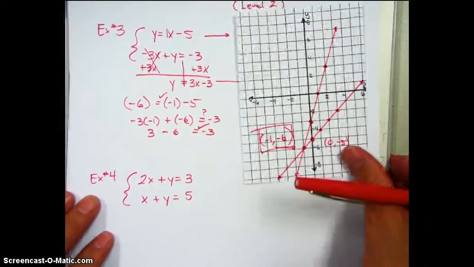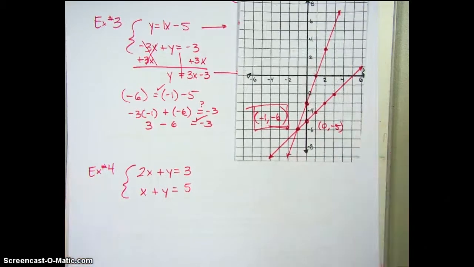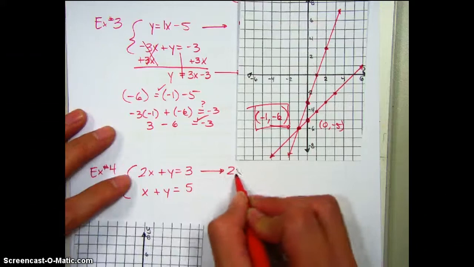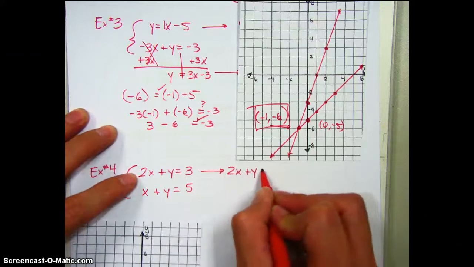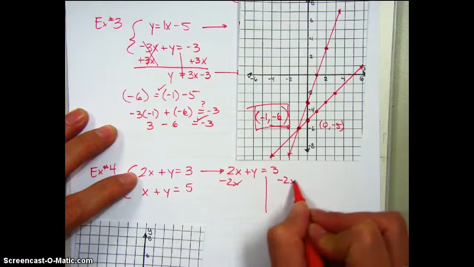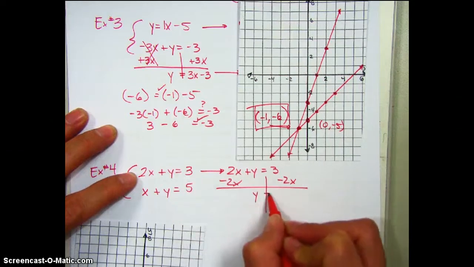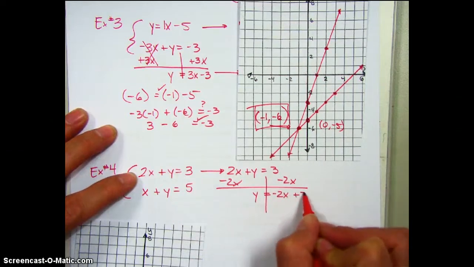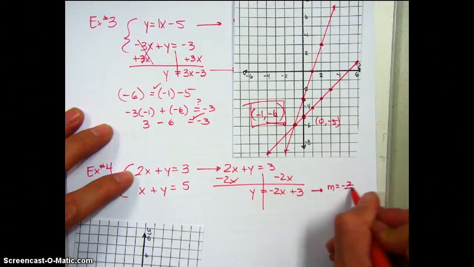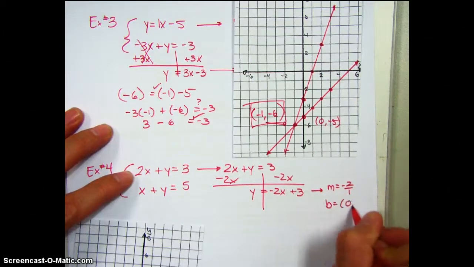Let me try one more of a level 2 type of question. So once again, this scenario doesn't work out for me. Y is not by itself, so I have to adjust this a little bit. So I'm going to subtract 2x on both sides. If I do that, I get y equals negative 2x plus 3. And that tells me that my slope is negative 2 over 1, and my y-intercept is (0, 3).